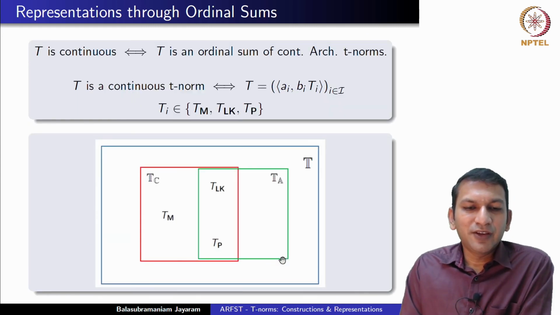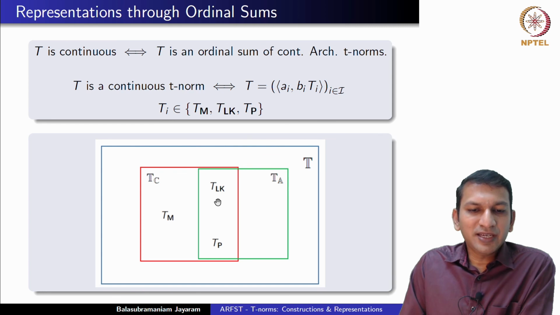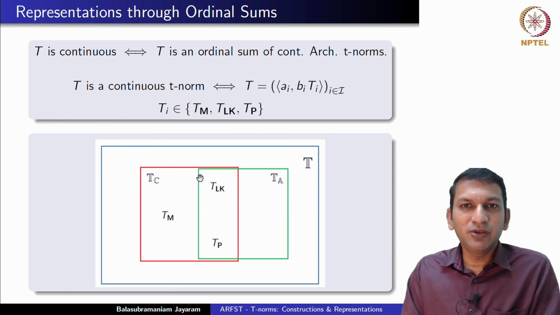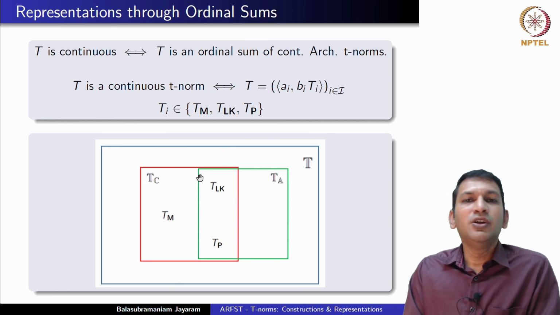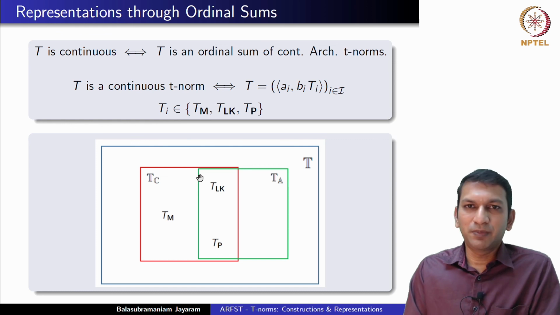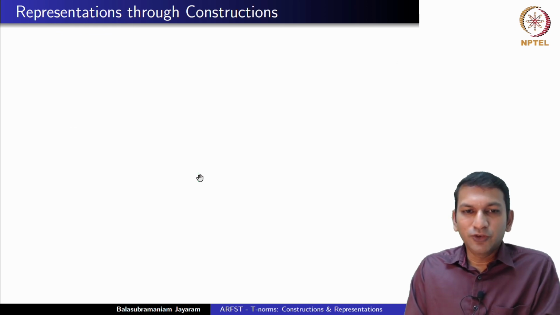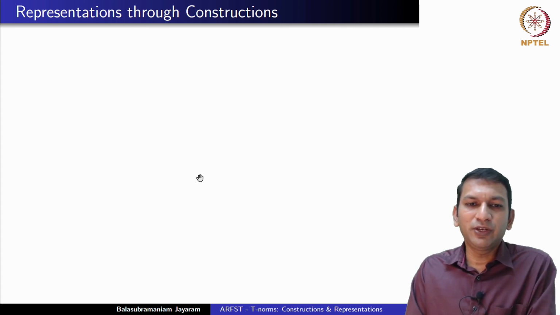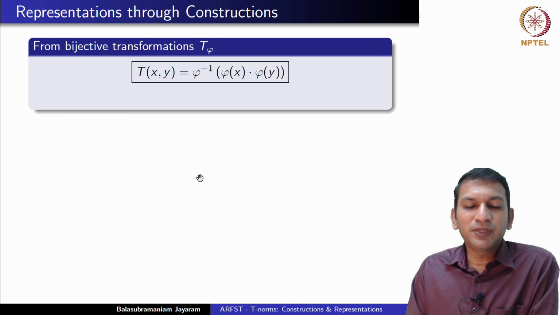So with this, we have found for a large subclass of T-norms a representation for them, either in terms of phi-conjugacy or in terms of continuous additive generator or in terms of the ordinal sum representation. So far we have seen three constructions. Each one of them has led to a representation for a particular subclass of T-norms. From bijective transformations, we saw that any strict T-norm is phi-conjugate of product.